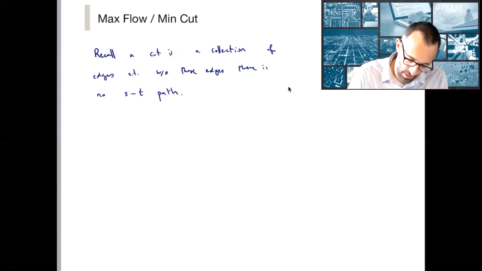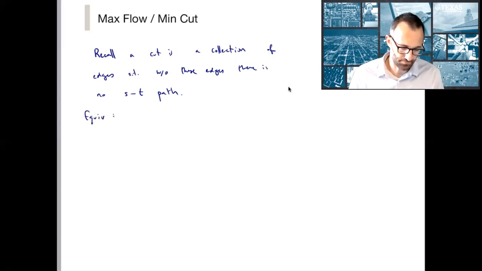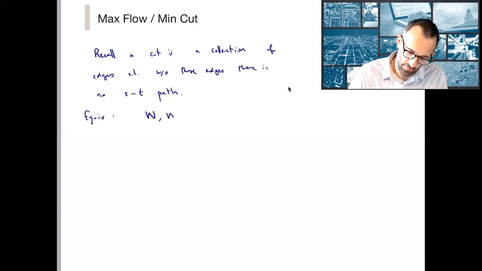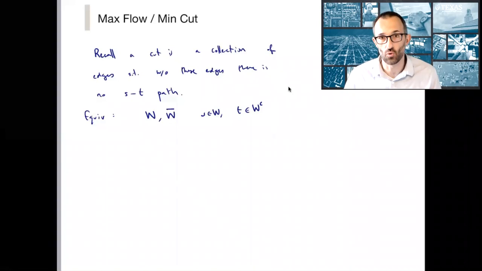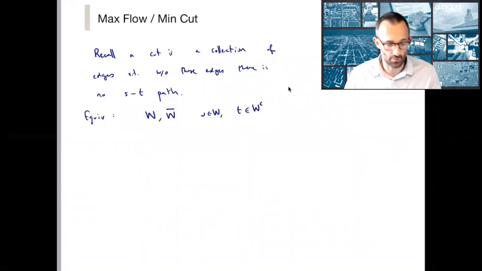Or equivalently, it is a partition of the nodes into W and W complement, such that S is in W and T is in W complement, and it's all the edges going from W to W complement.